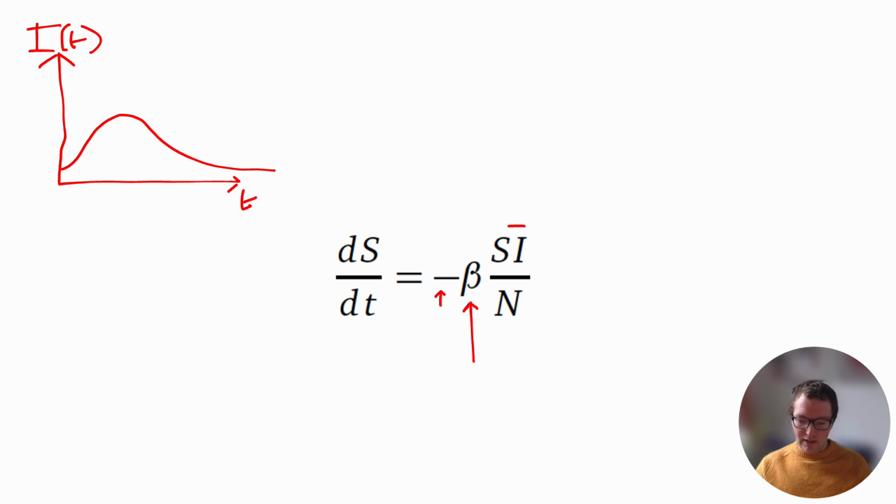And then here is the kind of key bit. So it's the number of susceptibles multiplied by the number of infecteds. And that kind of makes sense. So the more susceptibles I have, the more people there are to infect, so the more of these interactions are happening, and the more infected people there are, again, the more chances for infection.